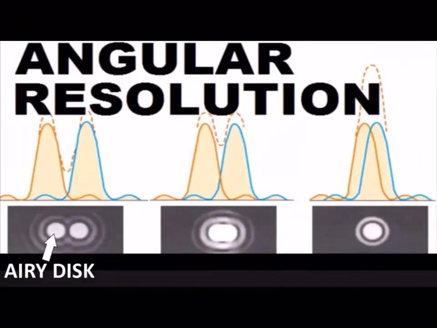They are both resolved. Now, when they get closer together, this meets the Rayleigh criterion, or the diffraction limit. The Rayleigh criterion specifies the minimum separation between 2 light sources that may be resolved into each distinct object. And when the light sources get even closer on the right-hand side, they become unresolvable.